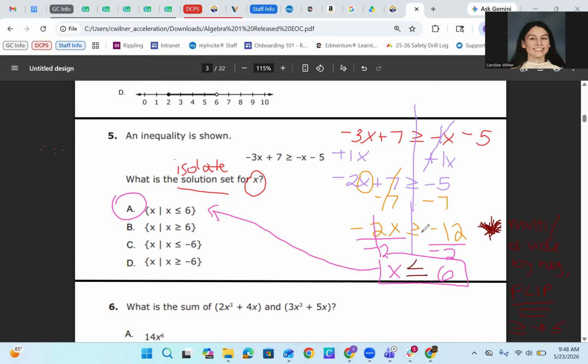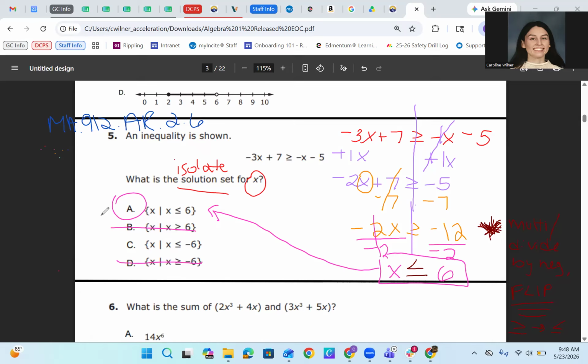So just knowing that it flips immediately, that would actually eliminate 2 options. That'll eliminate B, and that would have eliminated D. If you used your calculator properly to find the sign, knowing that when we have 2 negatives, it turns into a positive for multiplying and dividing, would get us the answer of A. And again, lastly, our standard, in case you're wanting to look up more info, that is MA.912.AR.2.6.